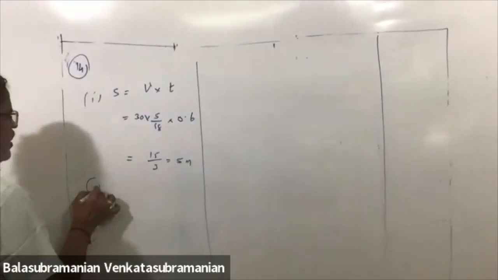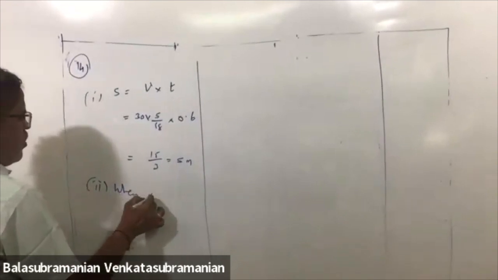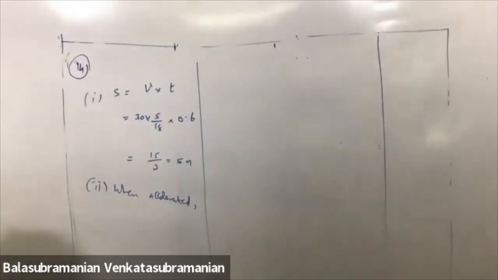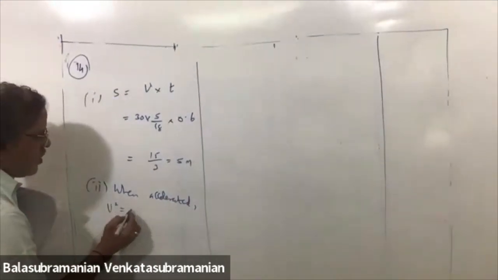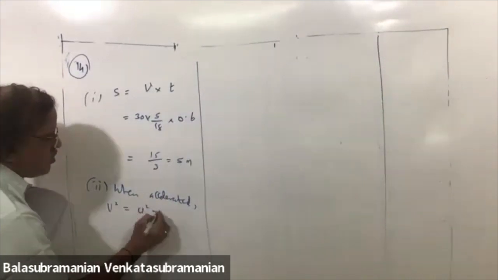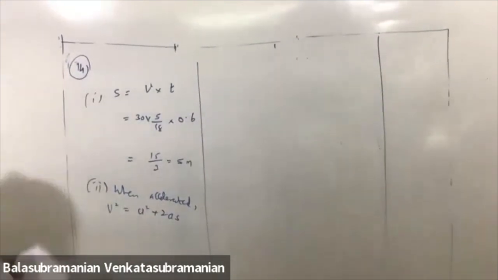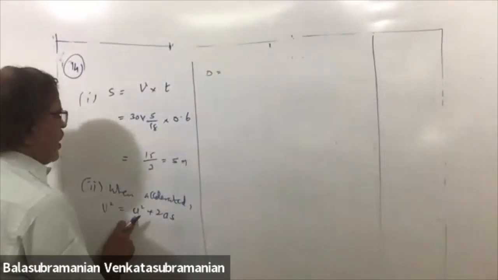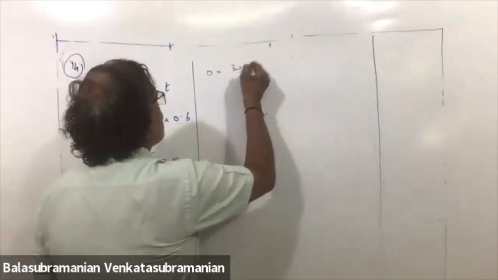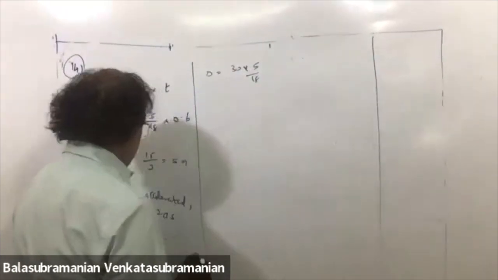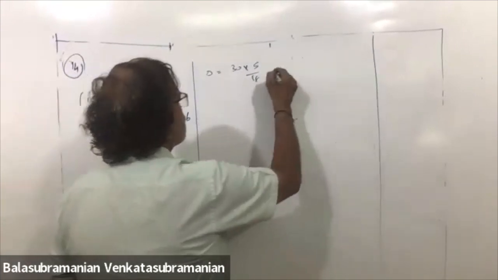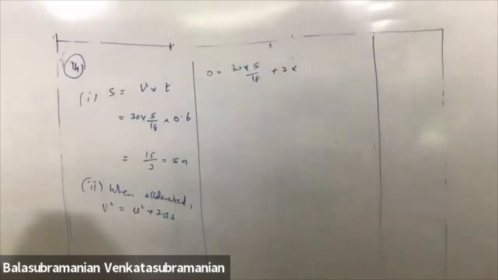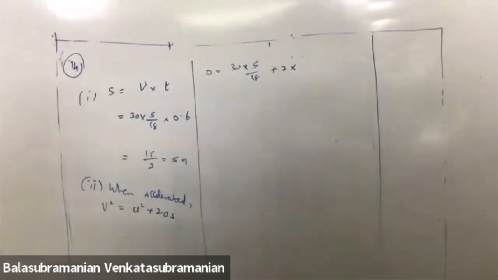When accelerated, what will happen? V square is equal to u square plus 2as. Final velocity is 0. So 0 is equal to velocity 30 km per hour, 30 into 5 by 18, plus 2as, 2 into acceleration. Here it is retardation, minus 5.